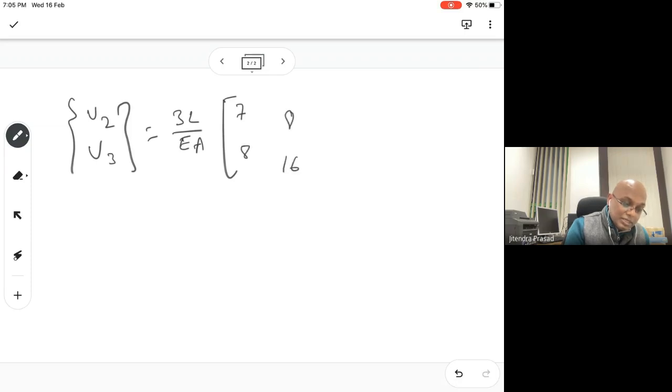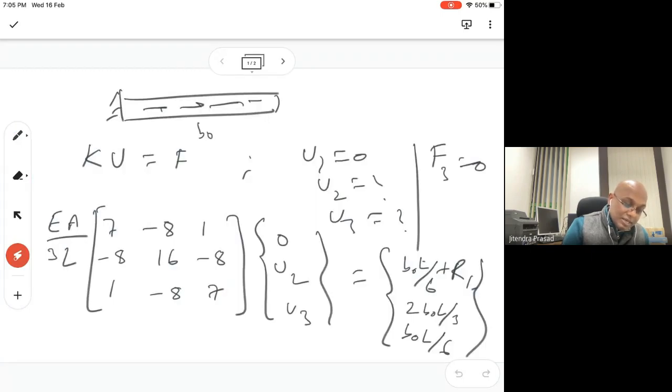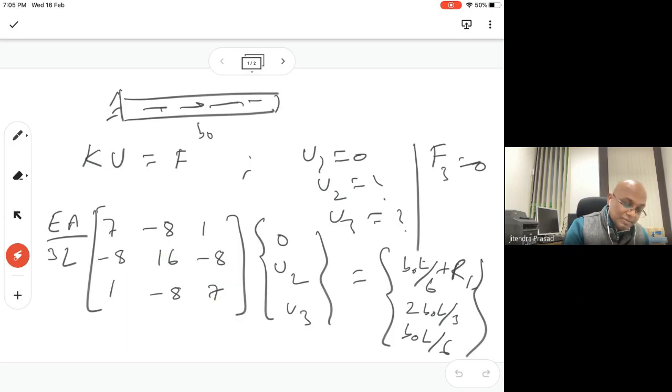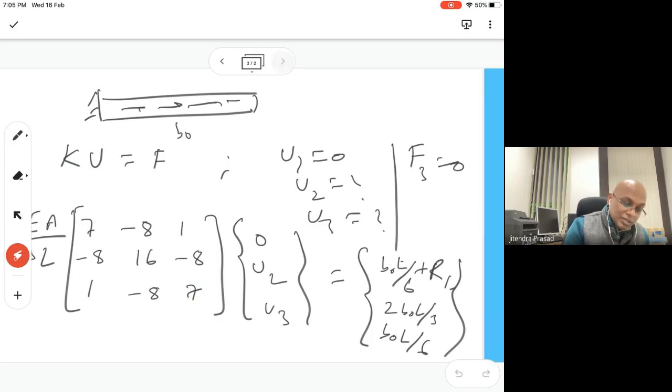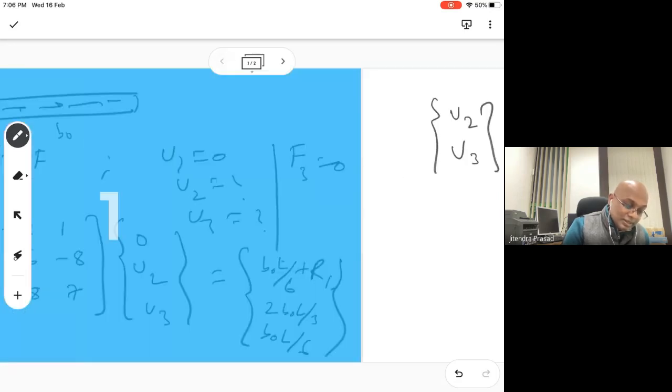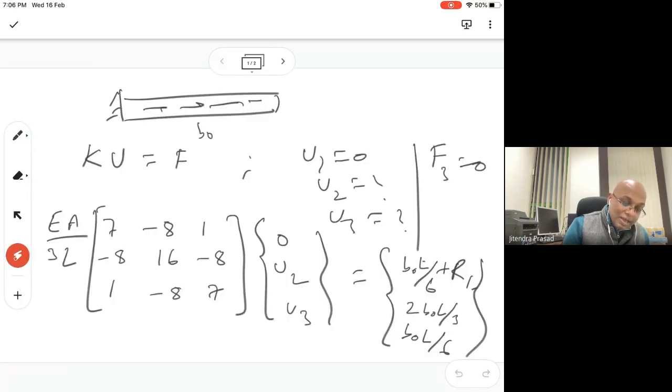8, 8. Okay, then we have to divide it by 1 by 48, so multiplied by 48. Okay, so we got the 48, and then we have this value, right?